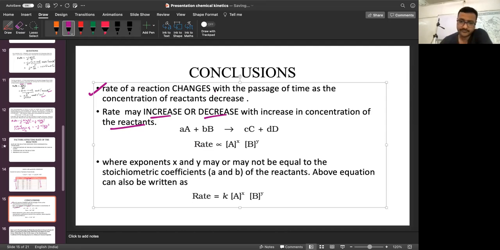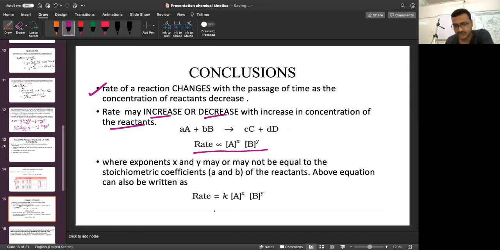So for any reaction, suppose this is a reaction where a, small b, small c and small d are the stoichiometries, we can put a relationship here, and it states that rate is proportional to the concentration of A raised to power x, we'll be discussing what this x is, multiplied by B to the power y.